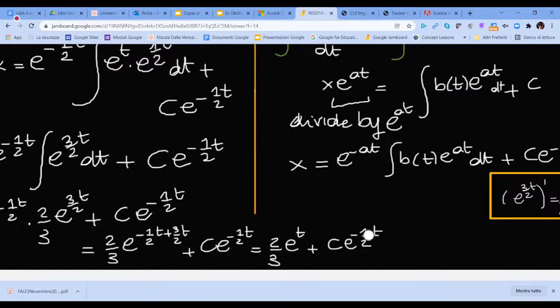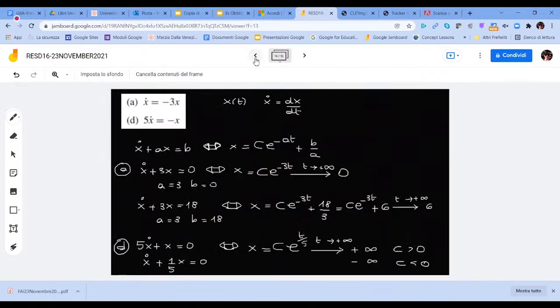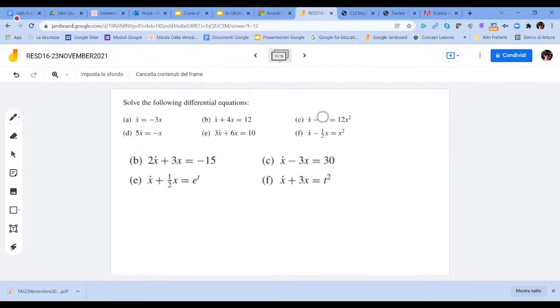So let's do this example that has a rule that you can directly apply, that is given even in your book. It is this one.